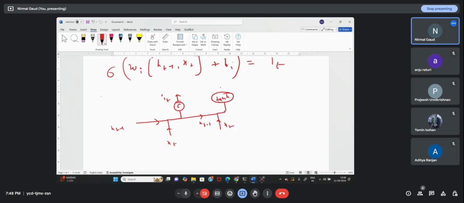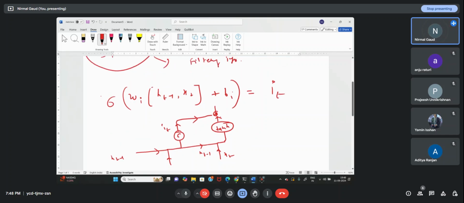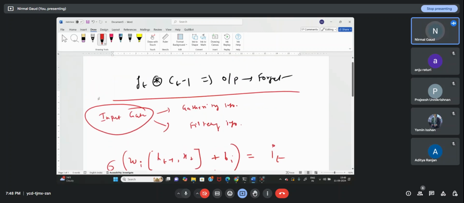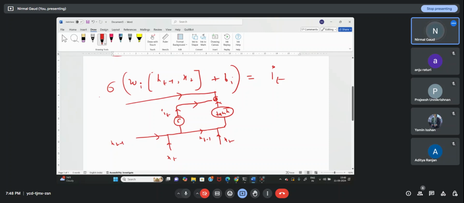And you perform pointwise multiplication of these two results. And then you tap it back to the main line from where the result of the forget gate is coming. That means this thing, ft into ct minus 1, is coming. You tap it here. This is what happens at the input gate.